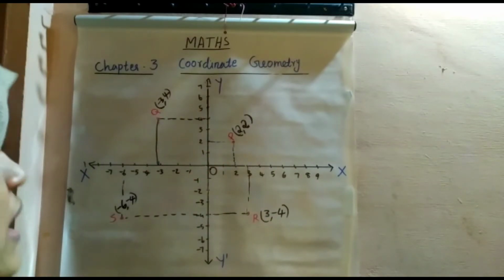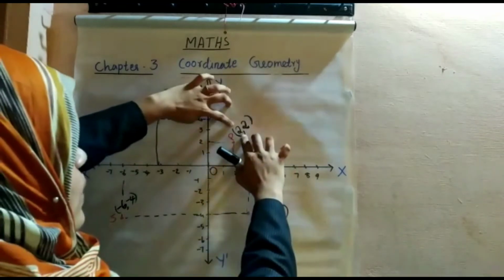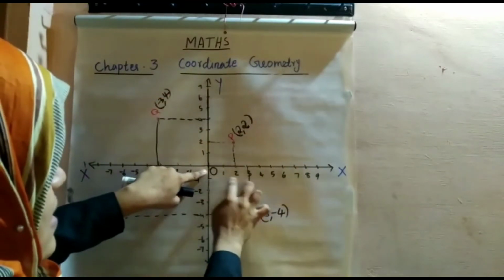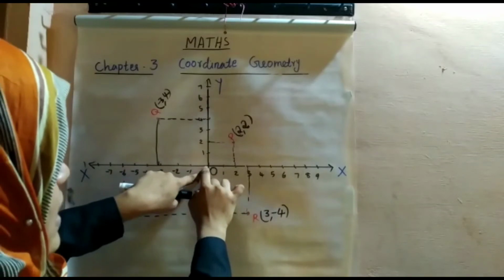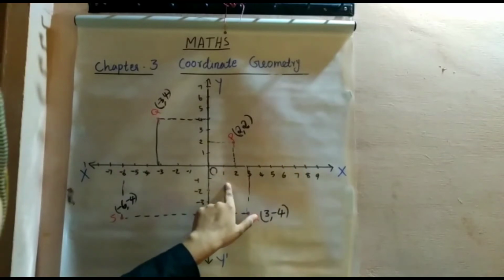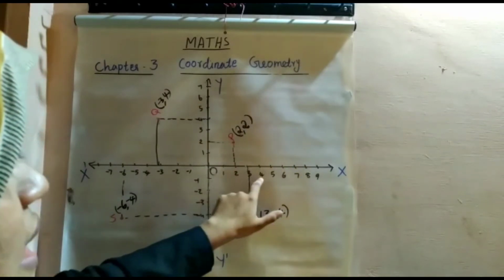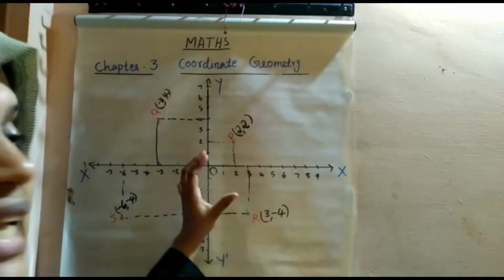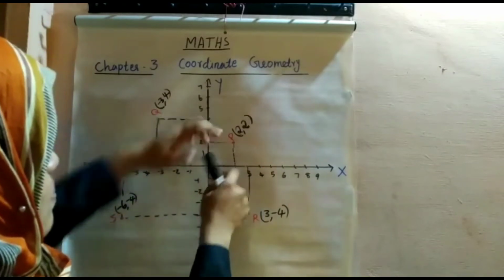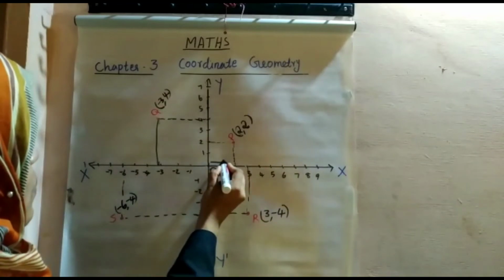Is it easy now? Then what is the x coordinate? Actually, what is the x coordinate? The x coordinate is the distance from the origin to 2. In graph paper you can take each 1, 2, 3, 4 in centimeters. Actually, this distance is 1 unit.